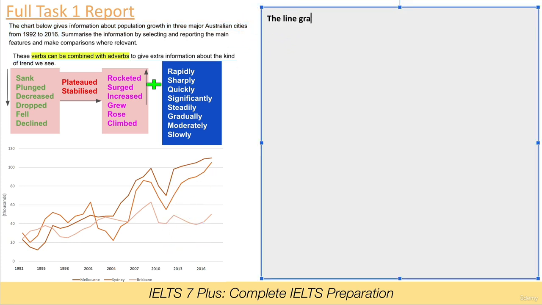We can say something like the line graph provides data on the amount of people residing in 3 large Australian cities.